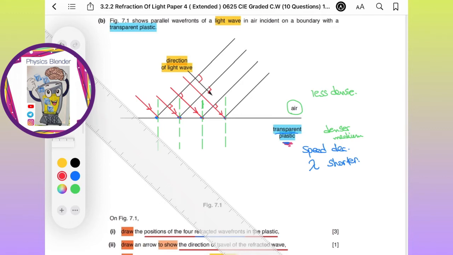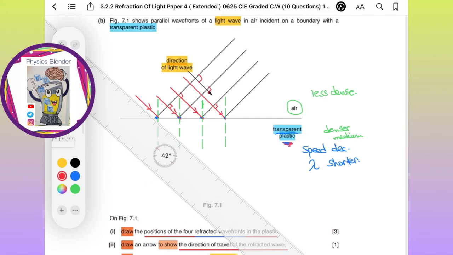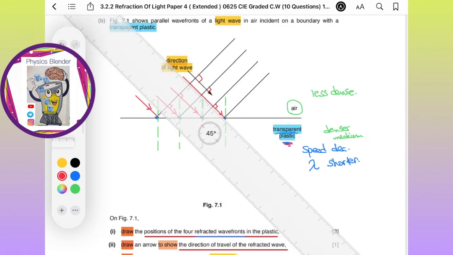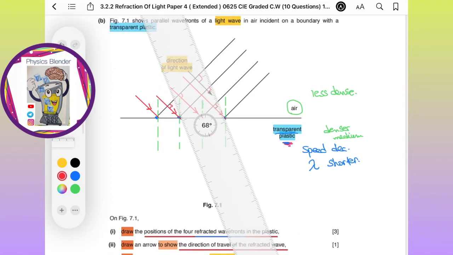Let's first draw the refracted light ray. Here, when it enters from less dense to denser, it will refract towards the normal. So you will draw here towards the normal.